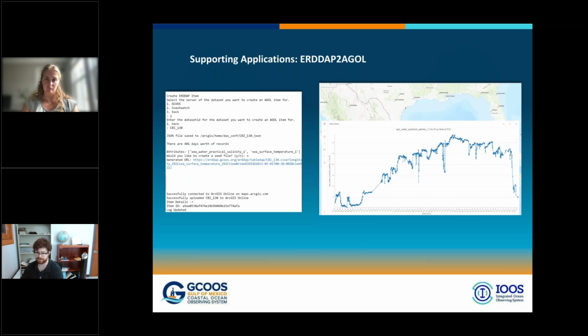So here we're taking station CBI 130, and then we're simply plotting seawater salinity with the native built-in ArcGIS Online tools. So we're really excited about how this data is going to bolster the ability of researchers to study cetaceans in the Gulf of Mexico. The next slide, please.